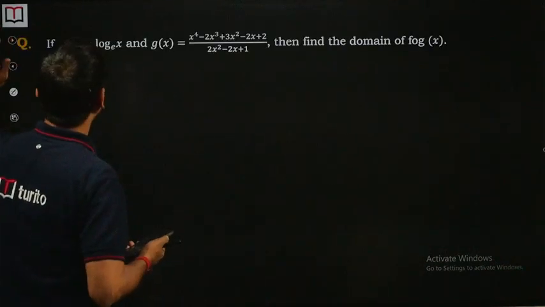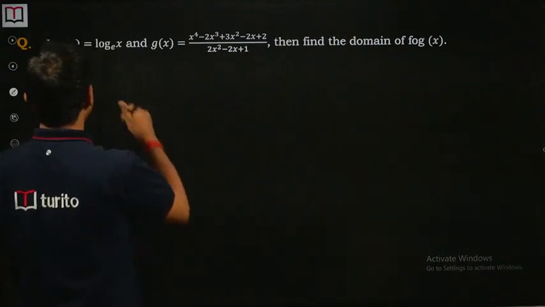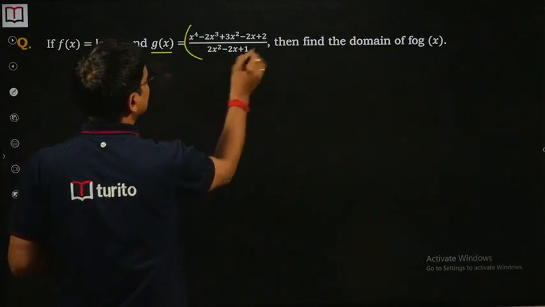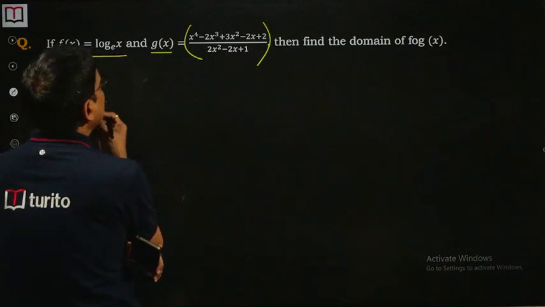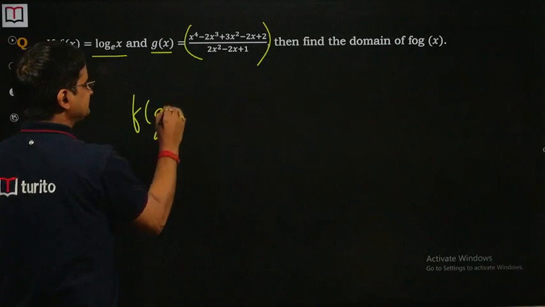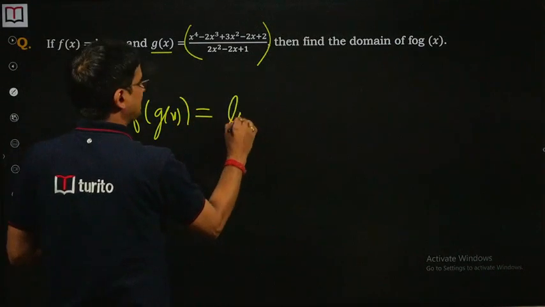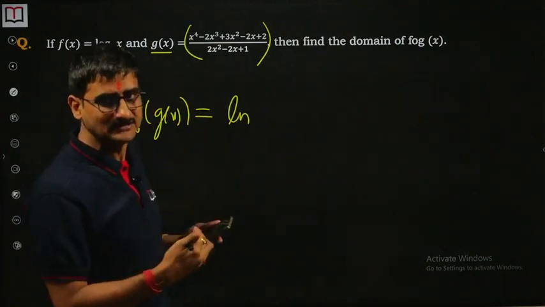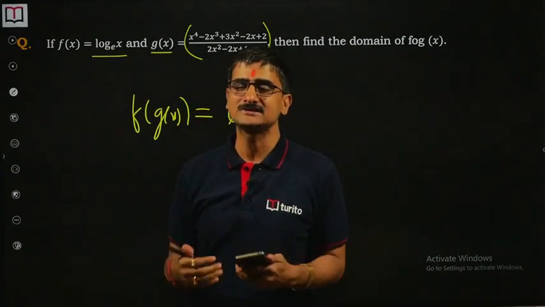So moving to the next question. Next is f(x) is this and g(x) is this. Find the domain of f(g(x)). So what is f(g(x)) here? It's nothing but ln of g(x), because in f(x) you have to replace x by g(x).